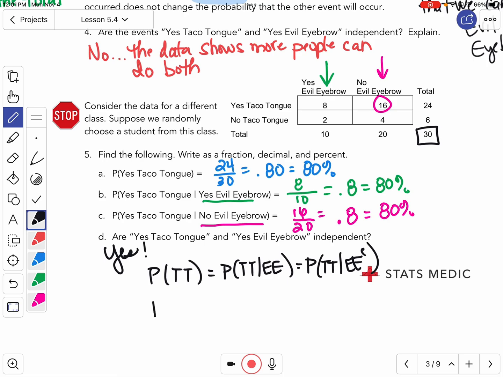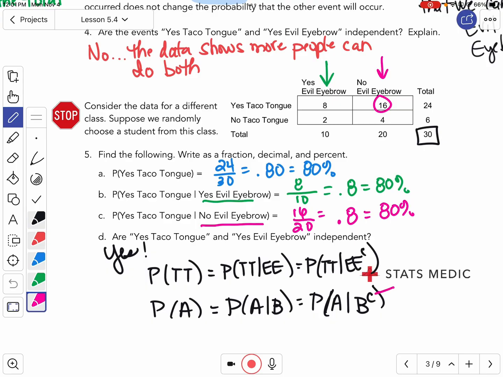You might see it written this way. Probability of A would equal probability of A given B, so just my two events, and probability of A given the complement of B, or not B. Remember that little c means not. So that's the formal mathematics of how that looks.